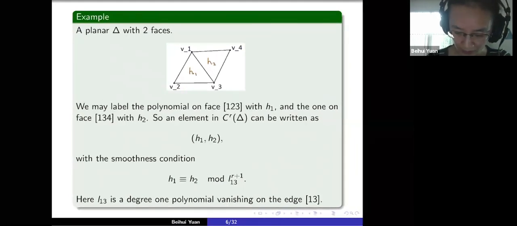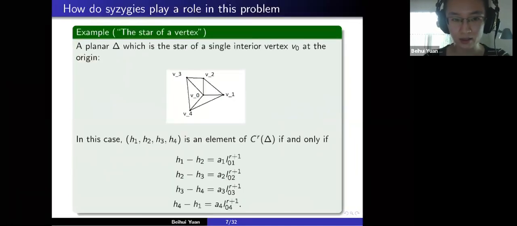This is the first example. Next, let's see a slightly more complicated example. This example will appear several times in this talk, so let's give it a name. It is called the star of a vertex. The star of a vertex is something like this, okay? This is that vertex.